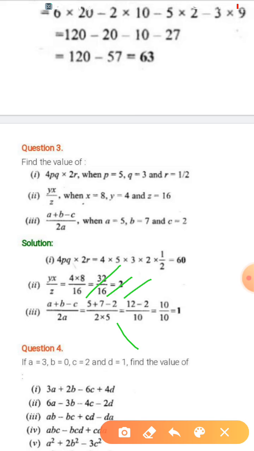So 5 plus 7 minus 2, or 5 plus 7 is 12, minus 2, upon 2 into 5, which will be 10. So 12 minus 2 will be 10 upon 10. What will be the answer? The answer will be 1. You got the answer.